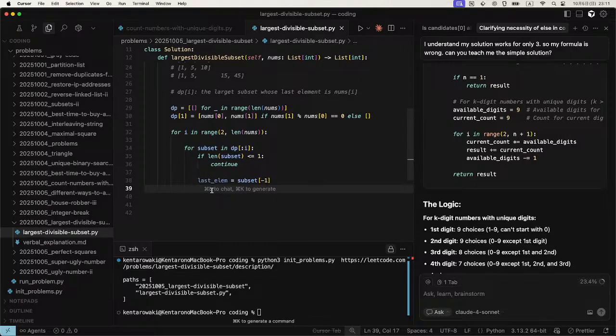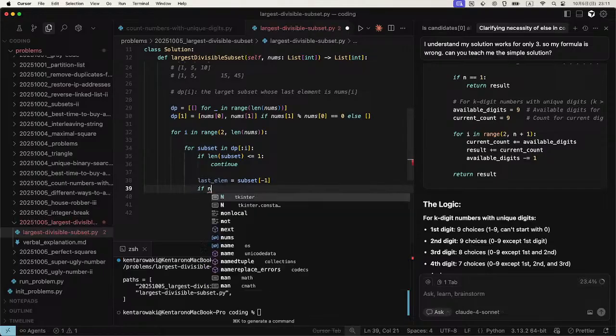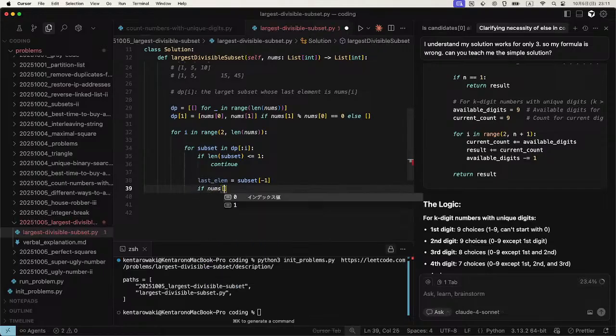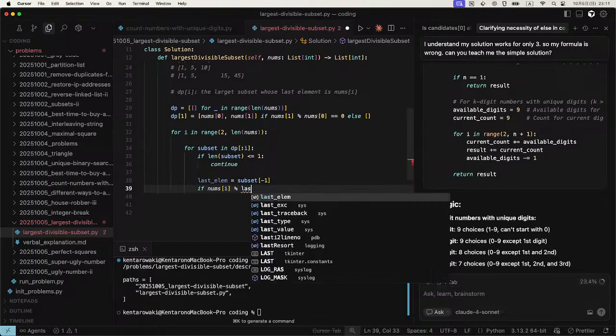So we can check if nums I can be divided by the last element.